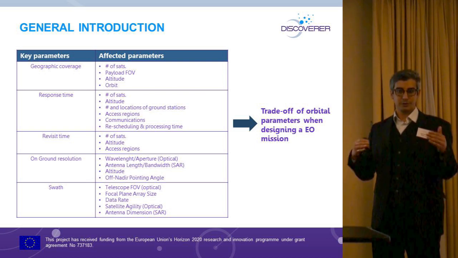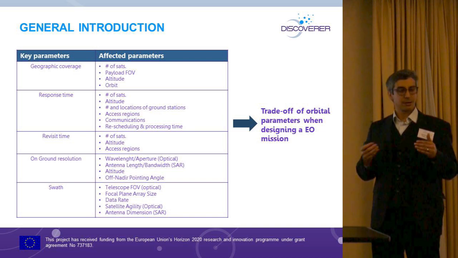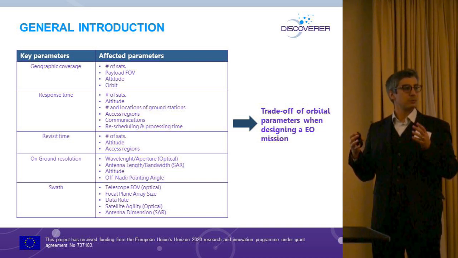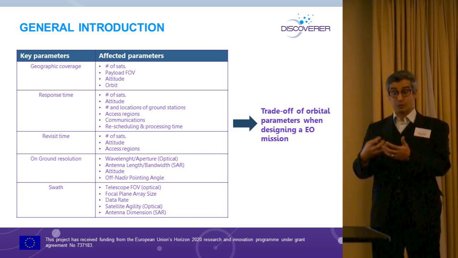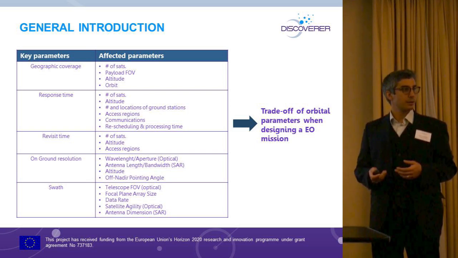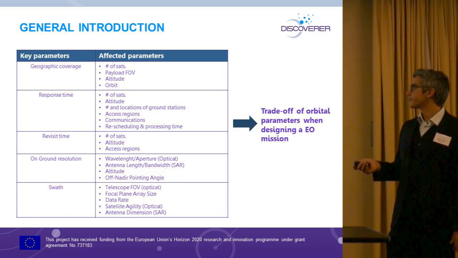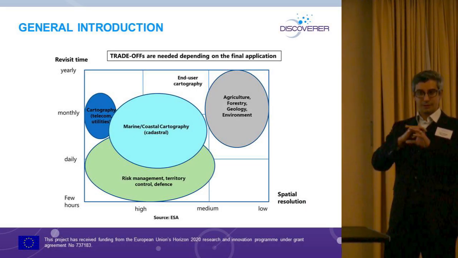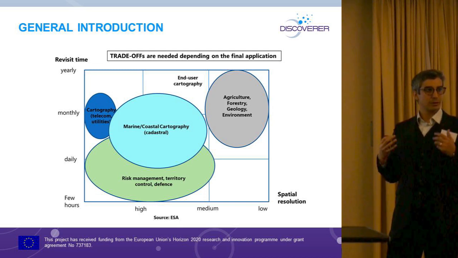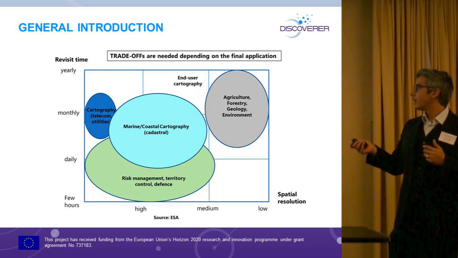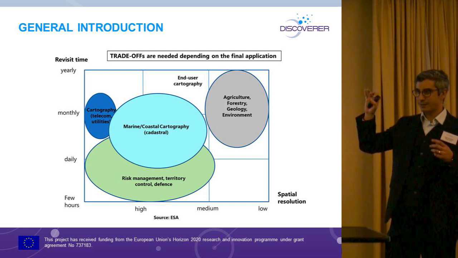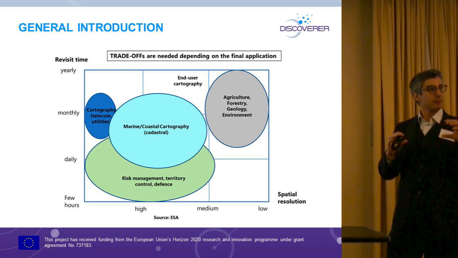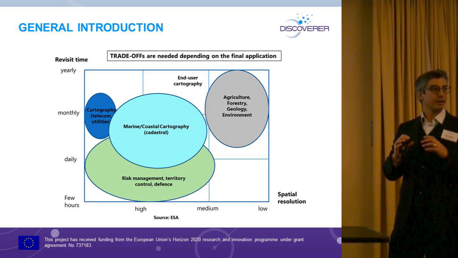So at the end of the day, we need to make a trade-off between all these parameters and much more in order to match as best we can and give an answer to the demand of the market. So once we have seen the different trade-offs that we need to consider for the design of the constellation, then we need to match these design or engineering aspects with the market and what the market needs.